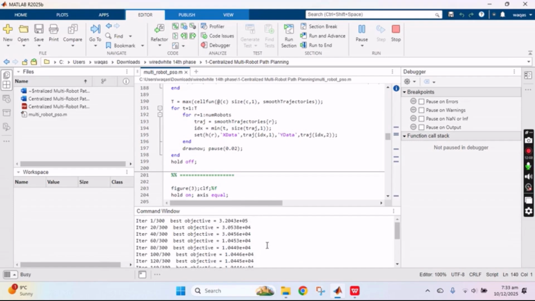Basically, I'm using two MATLABs. One is MATLAB 2025B and one is MATLAB 2021.